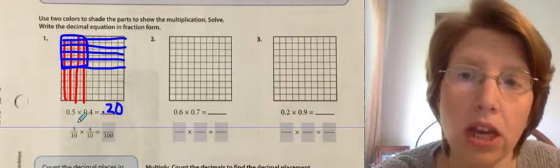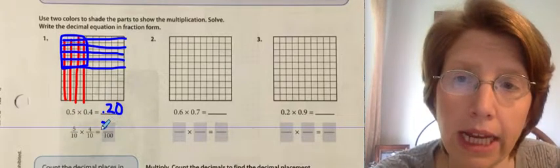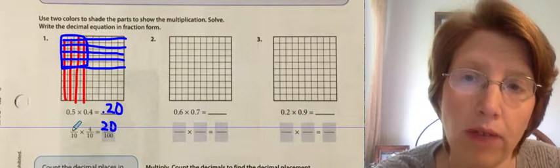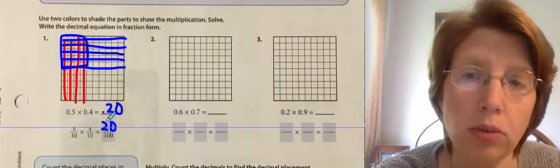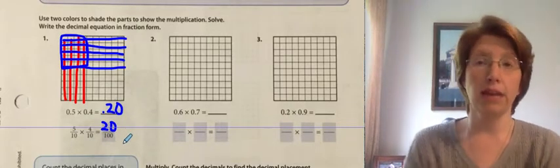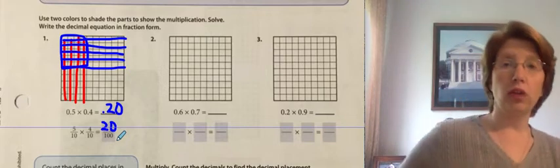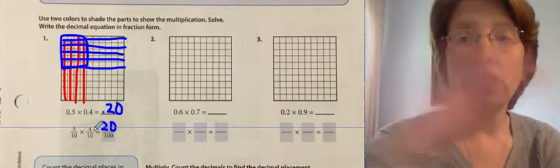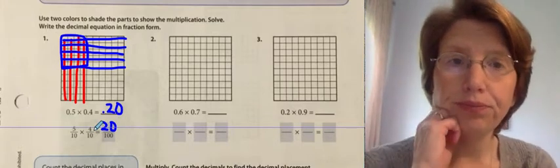We've already done that. So 5 times 4 is 20. If I've got 5/10 and 4/10 and I multiply them, I get 20 hundredths. The denominator does not stay the same. They've changed it already to hundredths. We multiply straight across, top and bottom. So we get 20 hundredths.